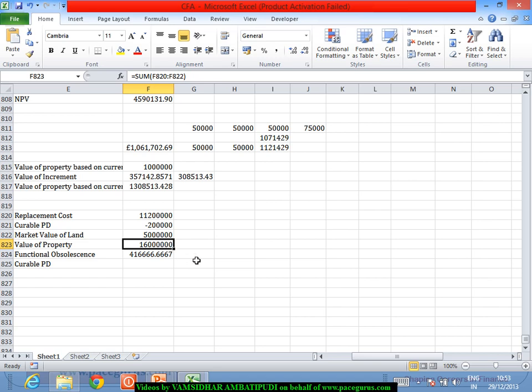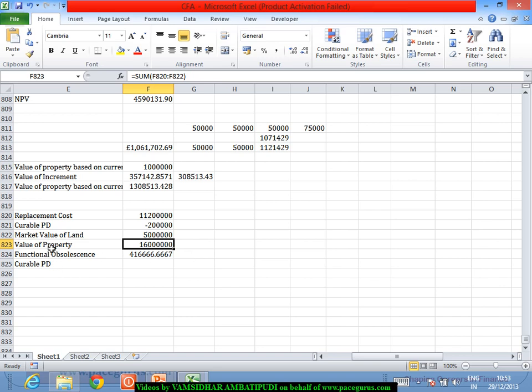I will apply the depreciation on the replacement cost minus the curable physical deterioration, whether it is modernization or existing repair.